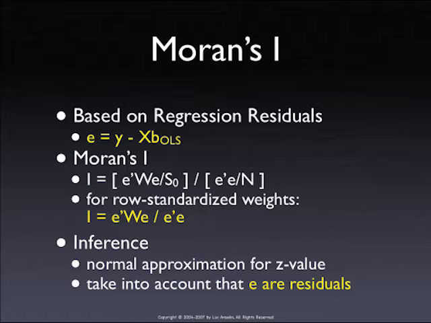We take the Moran Xi statistic, we subtract the mean, and we divide by the square root of the variance, and that gives us a z value that we then compare to the standard normal distribution. So the standard normal is approximately correct as a distribution. This is not exact. As the sample size increases, the approximation gets better.